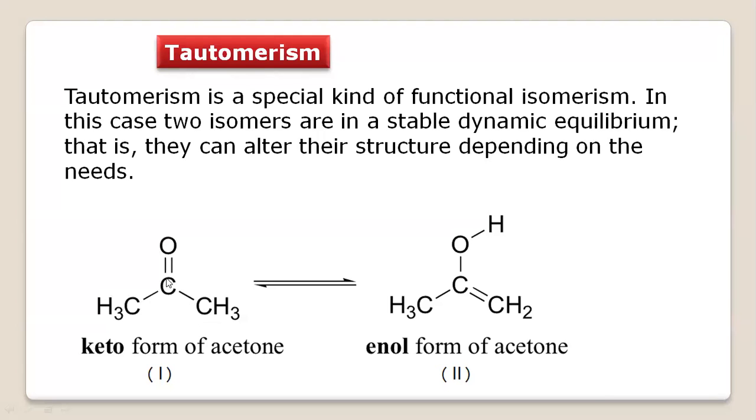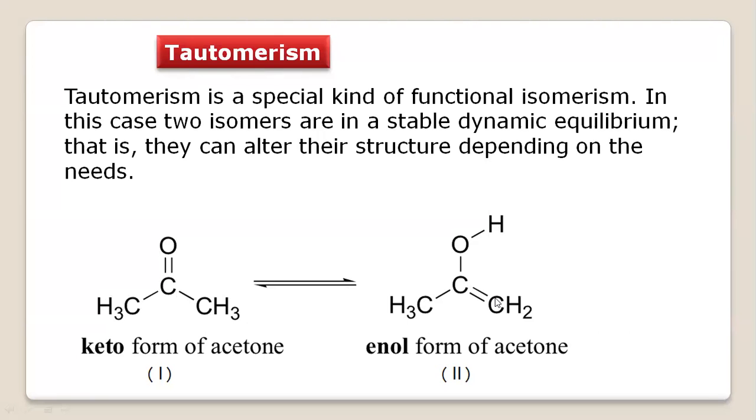Here keto means C double bond O is present, a carbonyl, and in this structure the bond is shifted in between these two carbon atoms and forms a double bond between the two carbons. Therefore it is an alkene, and due to that H forms a bond with that oxygen and therefore forms an OH group, and so this form is called the enol form.